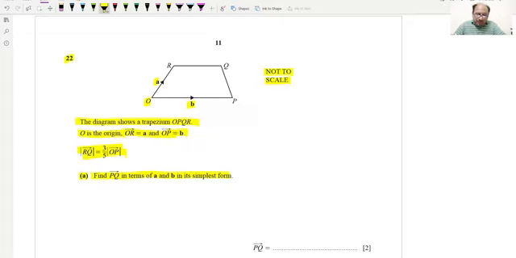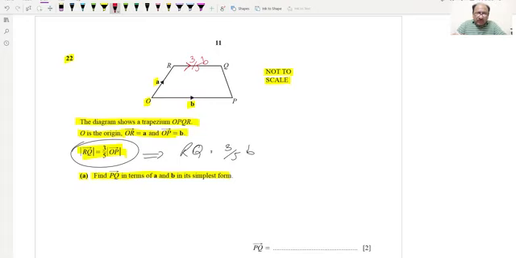So RQ is 3 by 5 of OP, and OP is B. So from this equation we can write RQ is equal to 3 by 5 of B, because OP is B, so we can write this as 3 by 5 B. The direction will be this one.